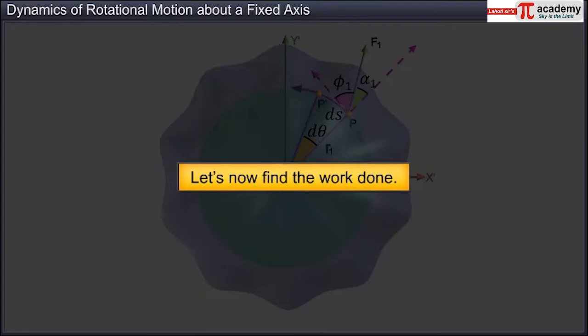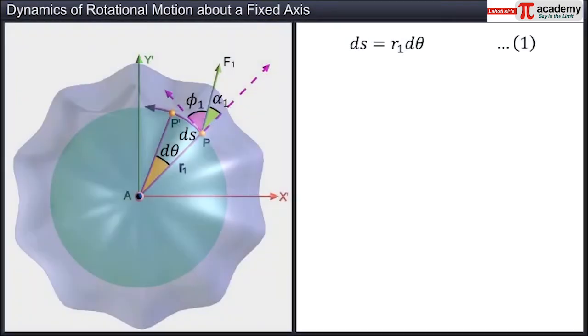Let's now find the work done. The work done by the force F1 is dW1 equal to F1 dot ds, which is equal to F1 into ds cos phi 1. Since phi 1 plus alpha 1 is equal to 90 degrees, phi 1 is equal to 90 degrees minus alpha 1.